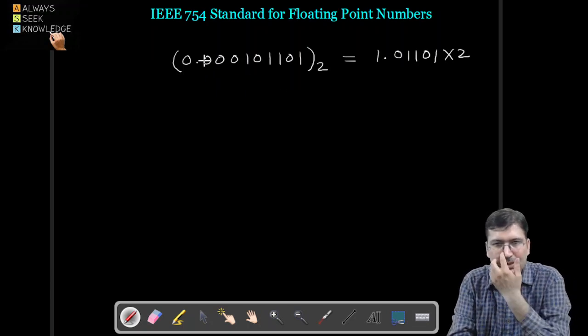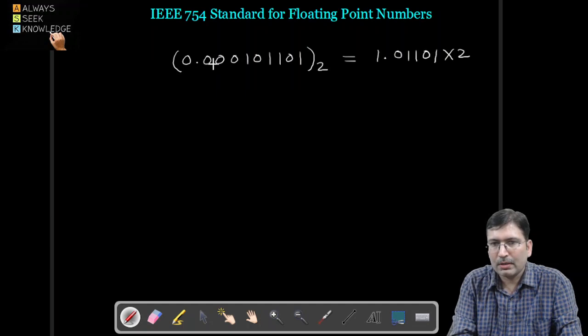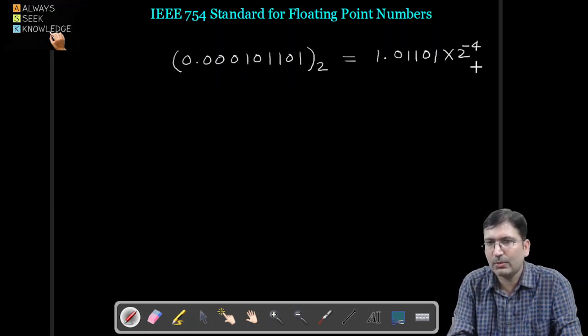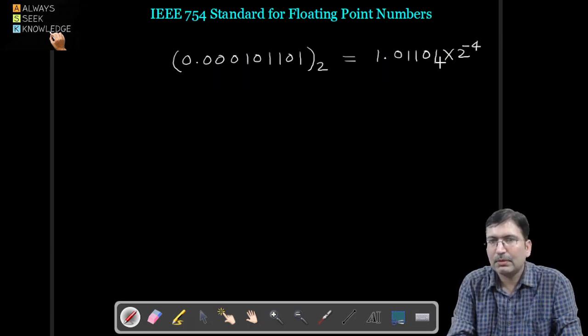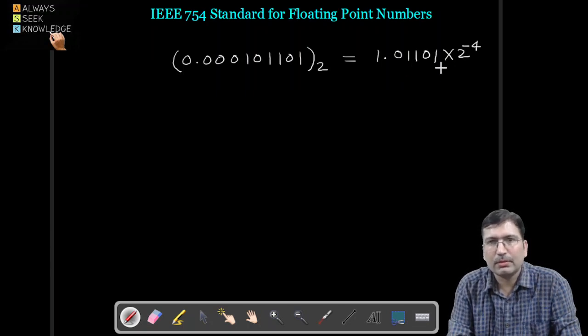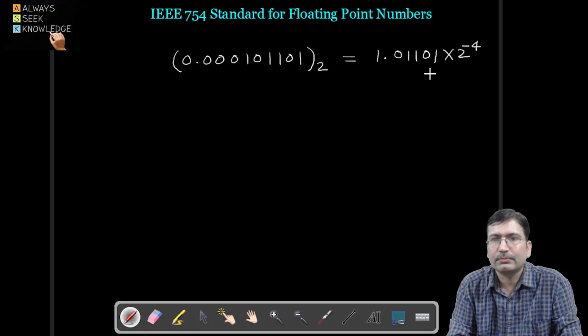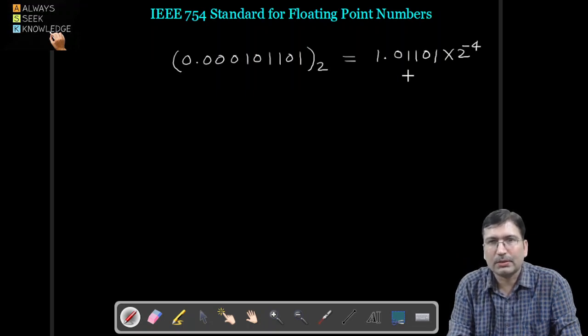So how many places are you shifting this point? There are 1, 2, 3, 4 places. There will be -4, because we are shifting the point in the right direction, right? So this is an easy thing you can understand. So we prefer to write either a normal number or a floating point number in a certain standard form, and these forms help us to store the number in the computer in an efficient manner.